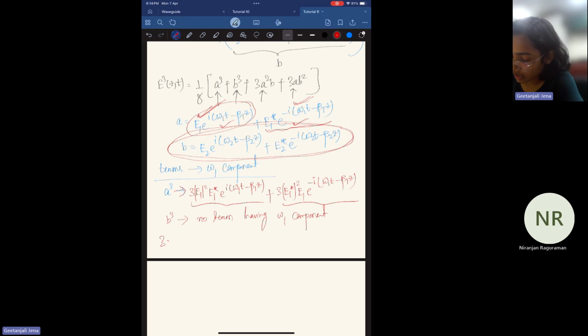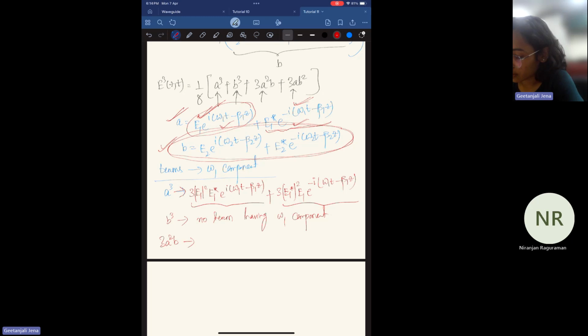Let us see 3A²B. So this is A and this is B, right?